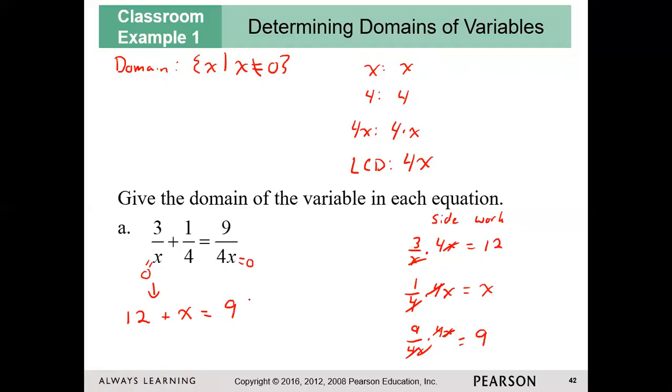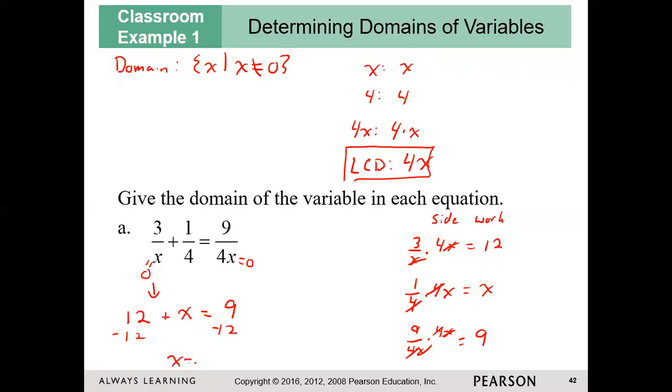As I promised you earlier, once we get through this process of multiplying by the LCD to clear out all of the denominators, you end up with a pretty garden variety equation here. Now, they're not all this basic, they're not all this easy, but this is a pretty straightforward equation to solve. I just have to solve for x by subtracting 12 from both sides.